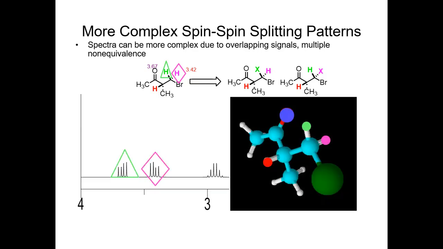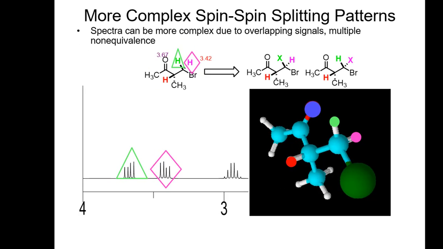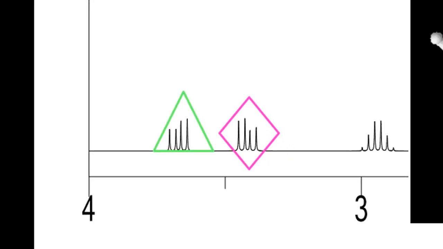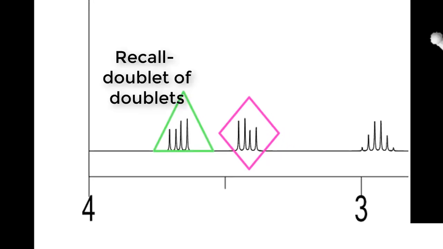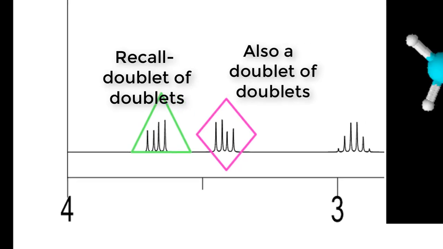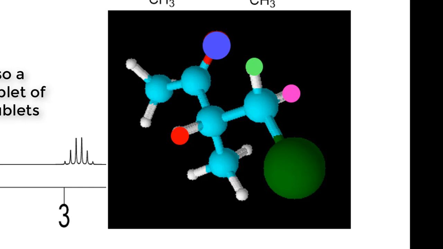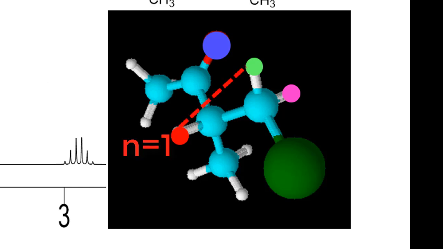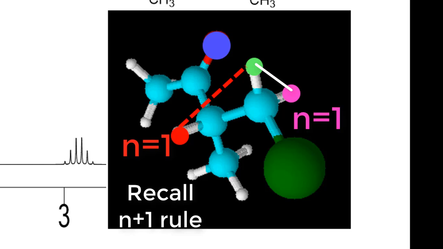All right, so we zoom in, we see that the green proton is showing up as what we call, again, a doublet of doublets, and then so is the pink proton. So how are they splitting with one another? Well, the green proton is going to split with the red proton that's here, as well as the pink proton that's adjacent to it. Even though it's on the same carbon, they're non-equivalent.